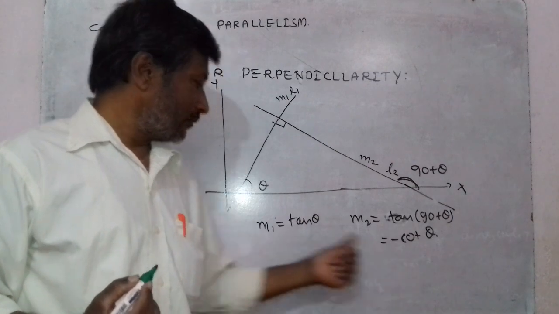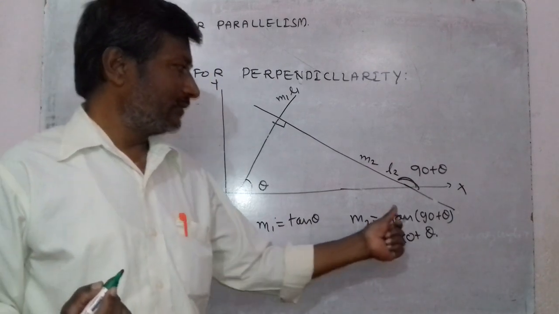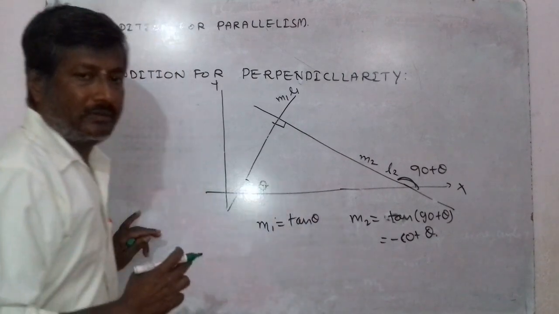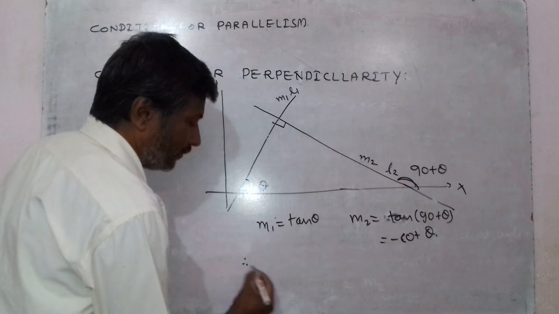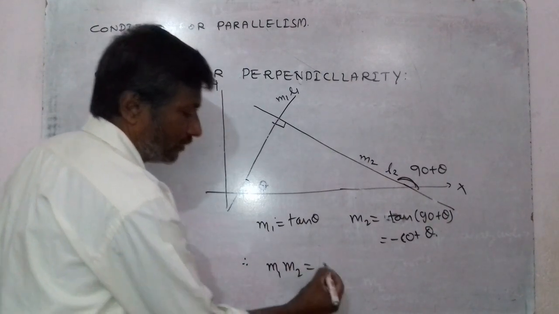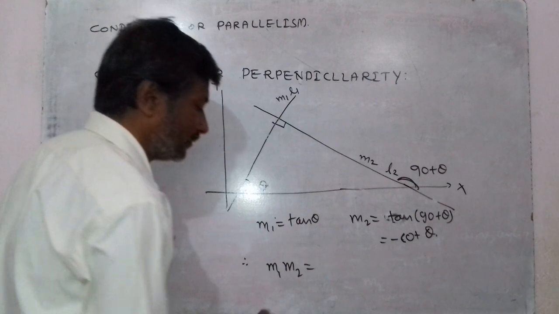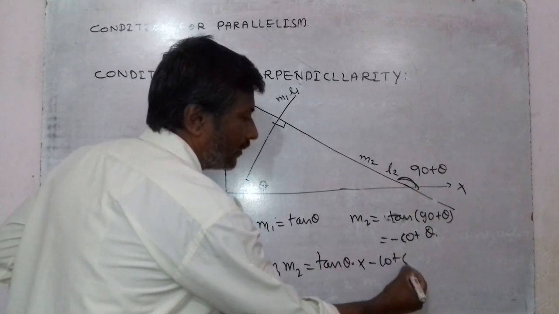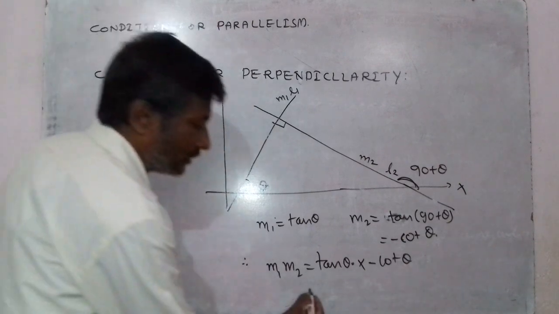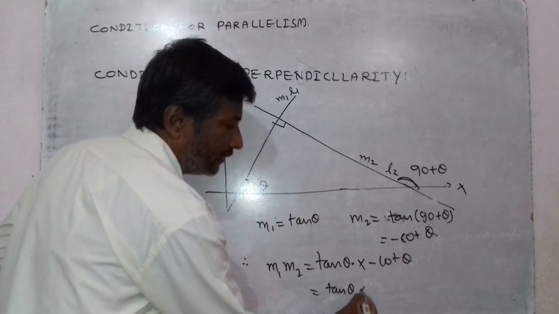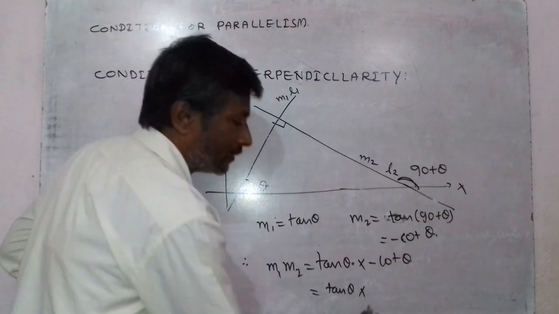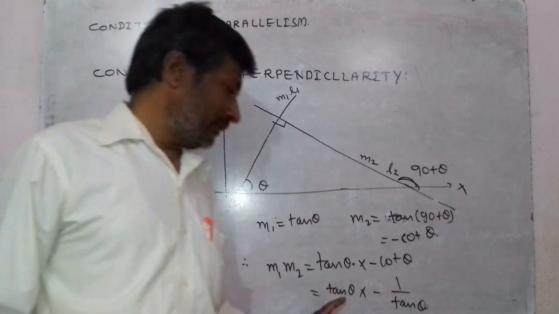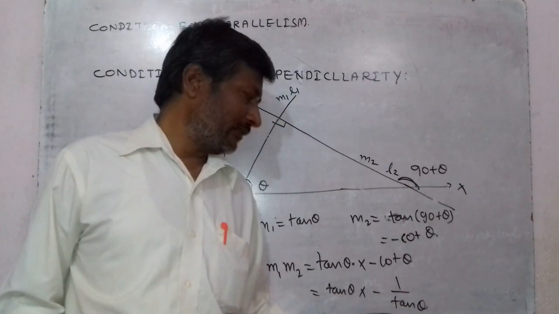Observe this. This is m1, this is m2. If we take the product of these two, m1 into m2 equals tan theta into minus cot theta, which means tan theta into minus 1 by tan theta.